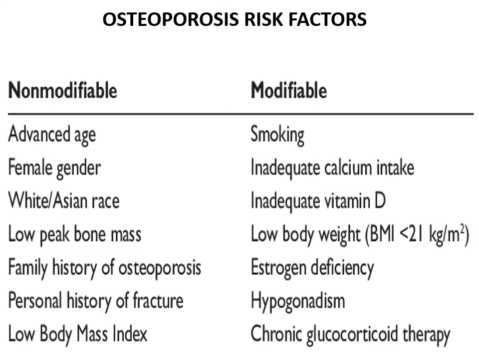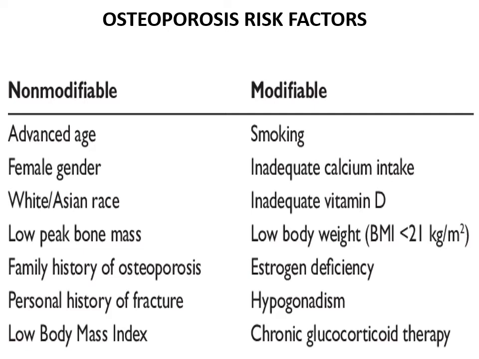Okay, so if someone had their ovaries removed in their 30s, you can imagine they're going to start losing bone at a faster rate in their 30s. So they're at very high risk for osteoporosis. Okay? Or any condition where estrogen is deficient in the body would be a modifiable risk factor, since we can supplement estrogen as a medication.